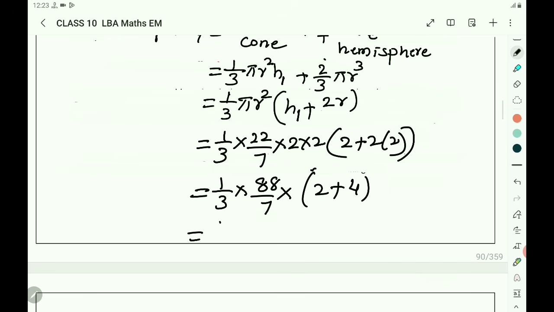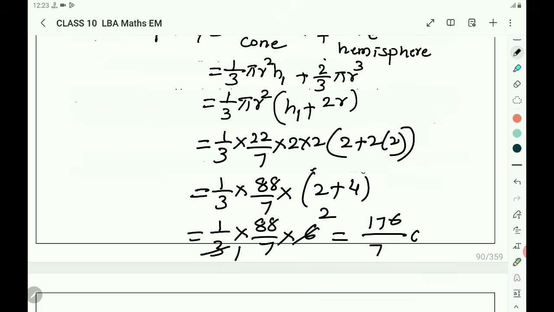That equals 1 by 3 into 88 by 7 into 2 plus 4 is 6. Then you can cancel 3 ones are 3, twos are 2. 8 twos are 16, 1 carry, 8 twos are 16 plus 1, 17. 176 by 7 cm cube is the volume of the toy.